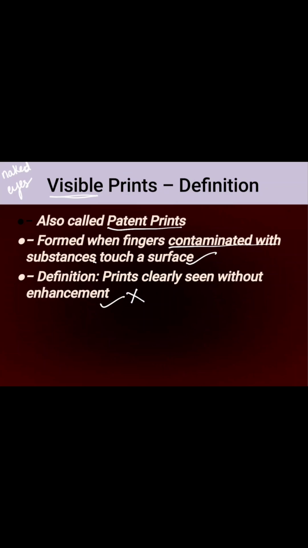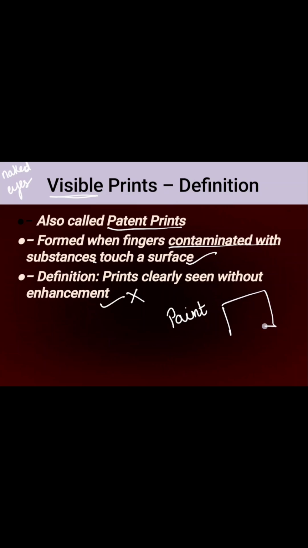This says that whenever our fingers come in contact with any kind of substance, let us take an example. You have touched wet paint, and then with that same painted hand you touch a wall. Then what happens?